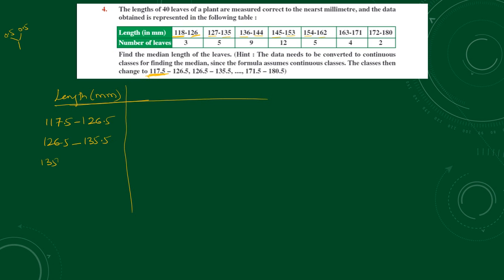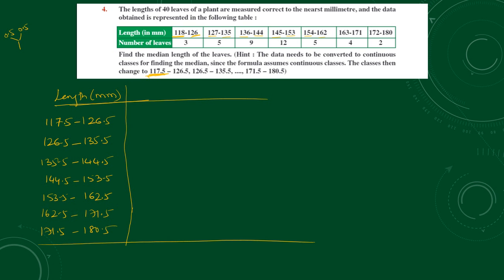Next 135.5 to 144.5. Next 144.5 to 153.5. Next 153.5 to 162.5. Next 162.5 to 171.5. Next 171.5 to 180.5. These are the class interval values, right?